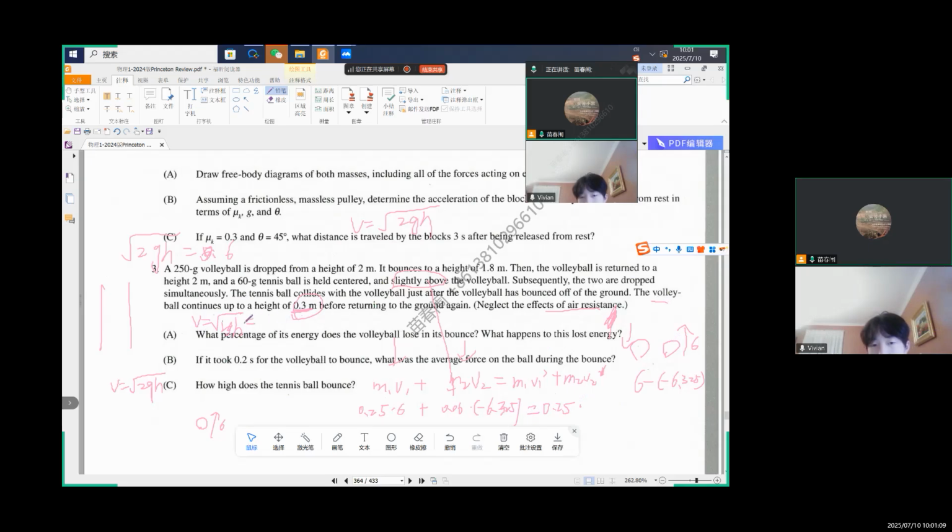Because you go up 0.3 meters, I can find your initial velocity by V equals square root of 2gh, right? Does that make sense? 2 times 9.8, or you can use 10, times 0.3. Does that make sense?